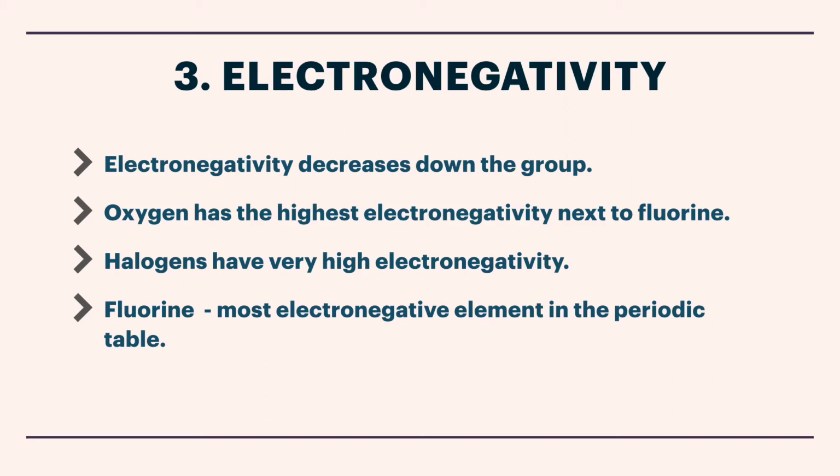Fluorine is placed in the top right corner of the periodic table. As its position is at the top, down the group the electronegativity will decrease, and across the period the electronegativity will increase.